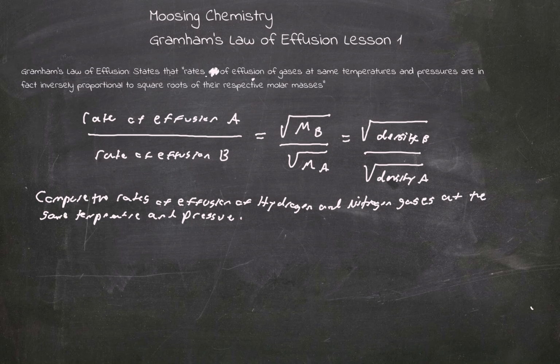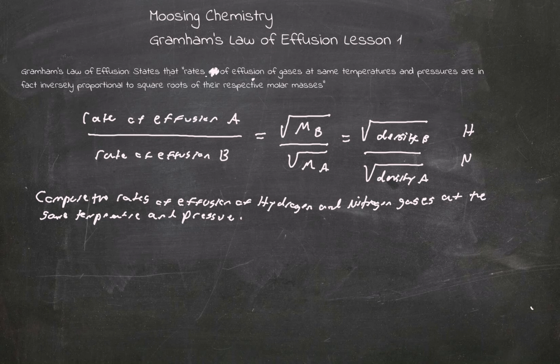All right, what do we know about hydrogen and nitrogen? Well, hydrogen has a molar mass of 1.01 grams per mole, and nitrogen has a molar mass of 14.01 grams per mole. But wait a minute. Hydrogen is diatomic, so it's going to have double that amount, and so is nitrogen.